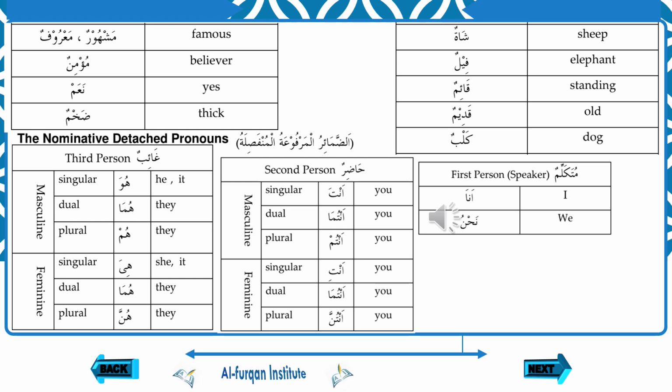So if you notice, both in the third person and the second person, the dual is always the same. So the dual of third person is huma, and the dual of second person is antuma. So the second person plural feminine is antunna, that is you, while the first person speaker is mutakallim, ana, I, and nahnu, we.